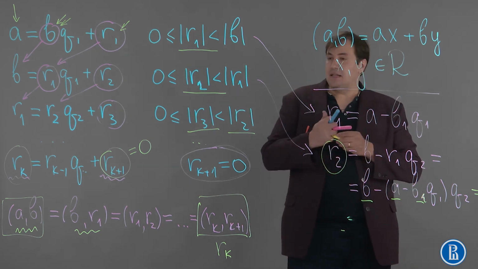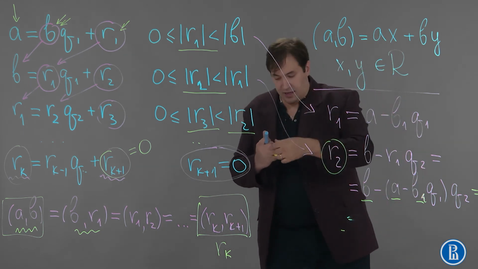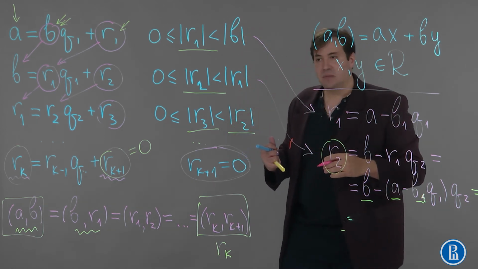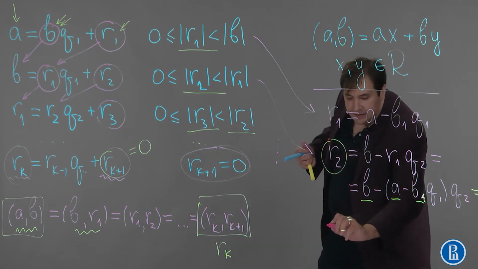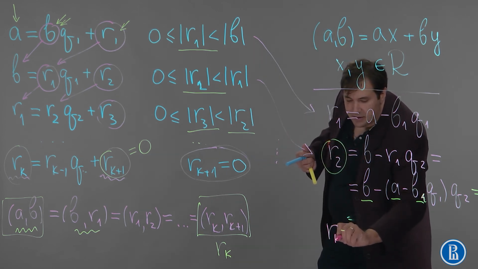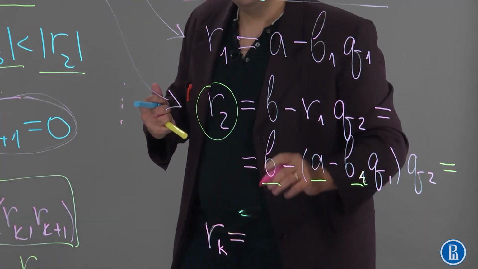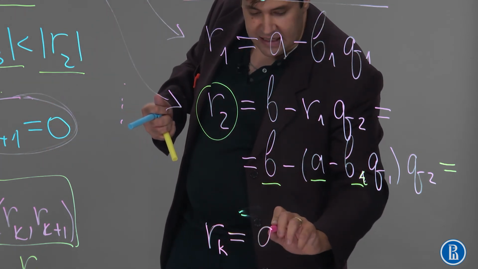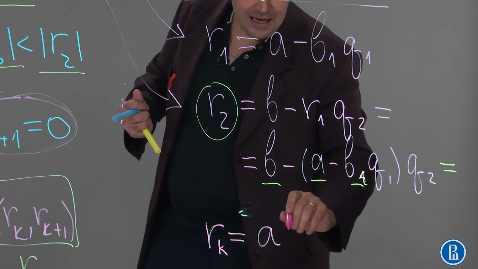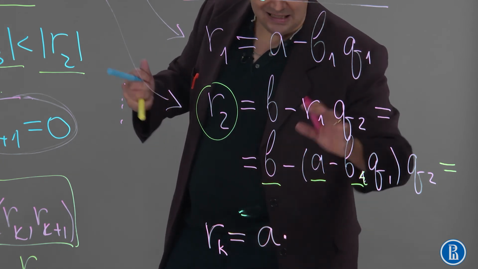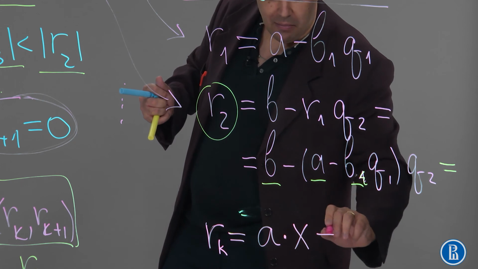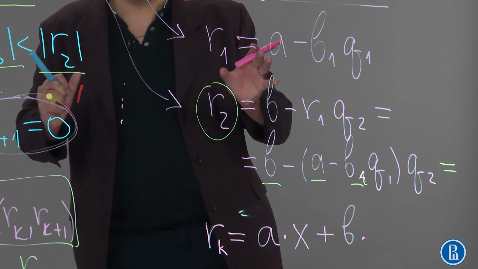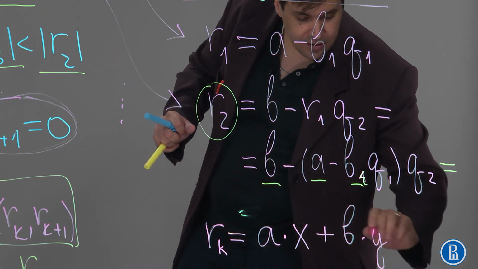If we continue downwards through the Euclidean algorithm, finally we'll get that the last remainder will also be represented linearly using A and B. So we can say that Rk is equal to A multiplied by something, which we denote x, plus B multiplied by something, y, where by something I mean an element of the ring.